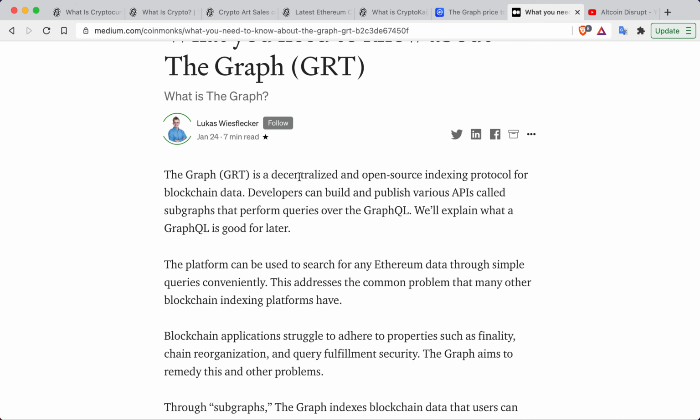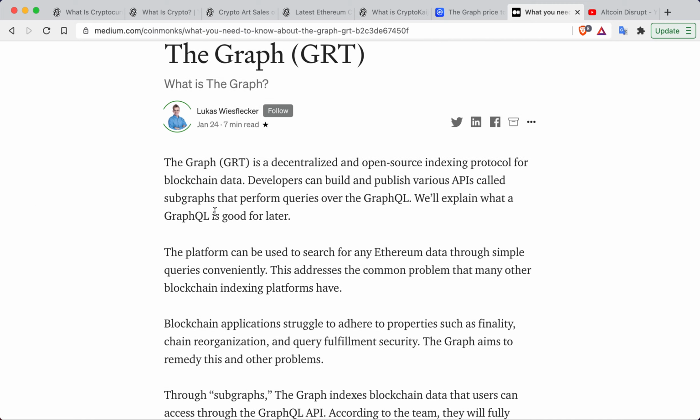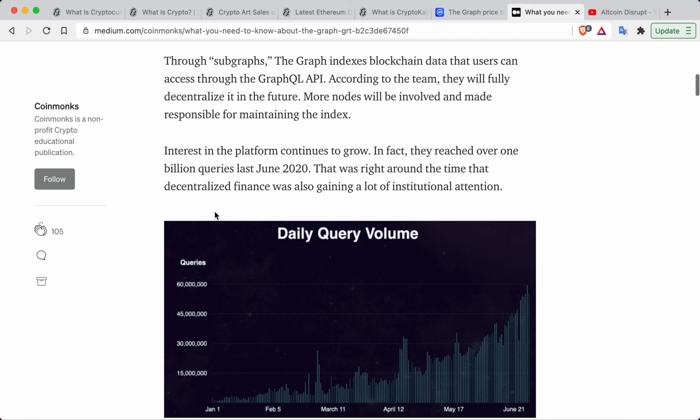It does say at the top that the graph is a decentralized and open source indexing protocol for blockchain data. So you can see that the idea of decentralization is at the forefront of their business model, or at least the team, the coin and the platform. That's what they're driven to and what they're trying to achieve.